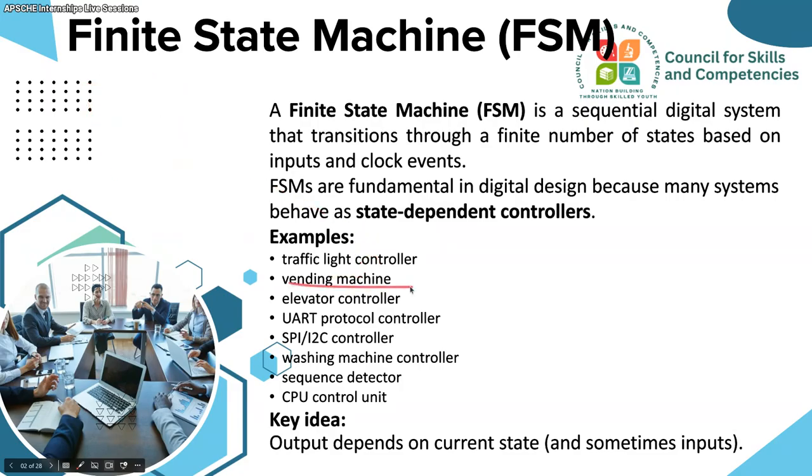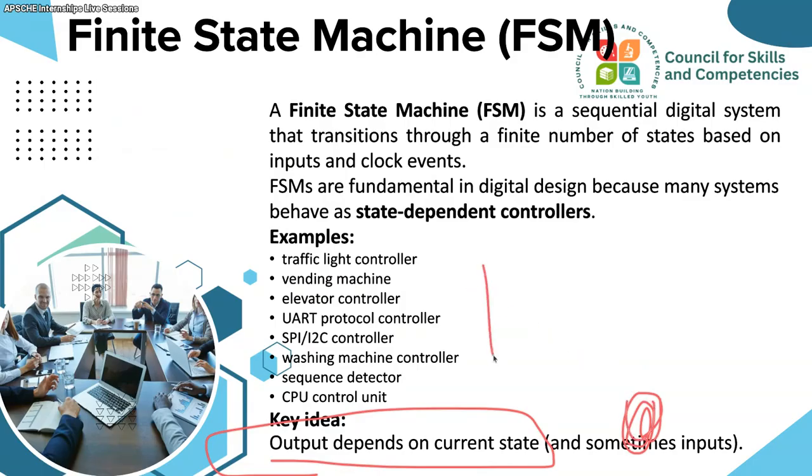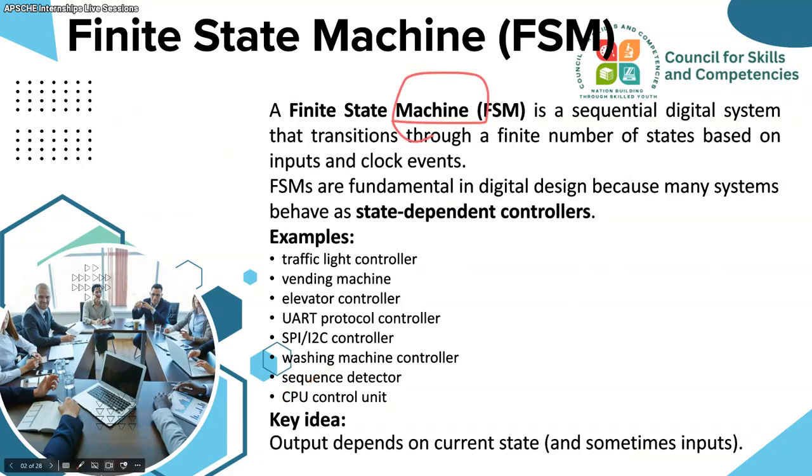Like vending machine, elevator controller, UART protocol, SPI, I2C, washing machine, sequence detectors, which we will see as an example, and tomorrow's topic is fully on the sequence detector. And then control units. So the output depends on the current state and sometimes on the inputs. There are two types of state machines, Mealy and Moore machines, and we will look into how.